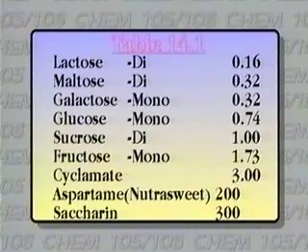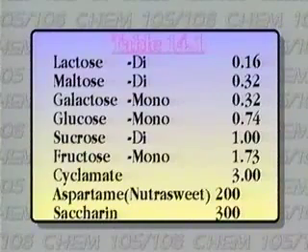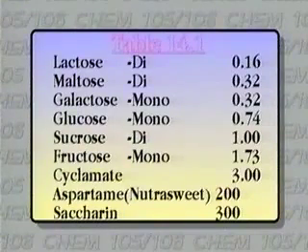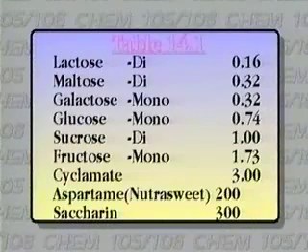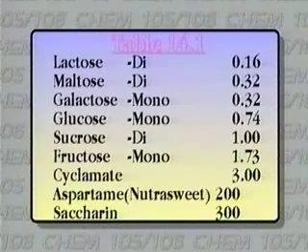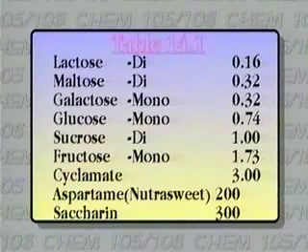All right, so we see that the sweetest sugar that we have, the sweetest carbohydrate that we have, is fruit sugar or fructose. Glucose, 0.74. Galactose, about the same as maltose. So the malt sugar and galactose are about the same. And finally, the milk sugar is not very sweet at all.